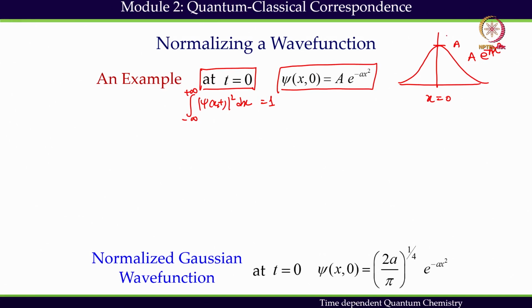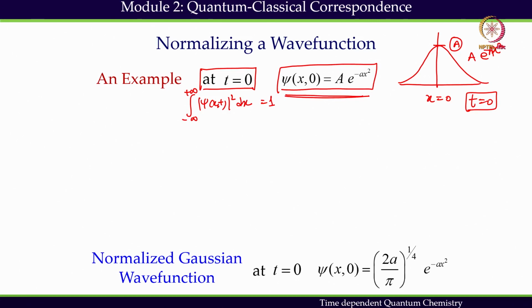So, its maximum is at x equals 0 and the maximum amplitude is A. We will assume that at t equals 0, just before the quantum evolution of the particle has started, we are not observing the quantum dynamics yet, we are just starting at the initial point, and the particle can be represented by this Gaussian function. This is just an assumption, one simple example. It can be represented in many other ways.